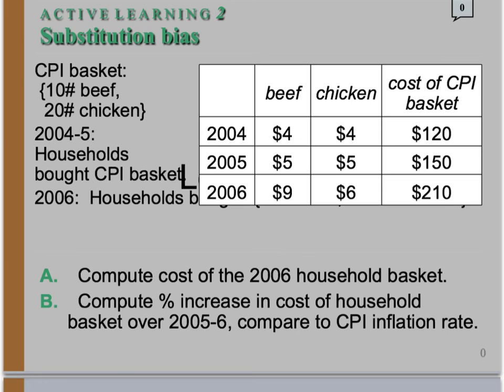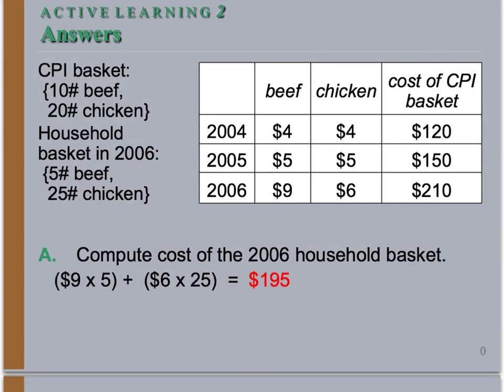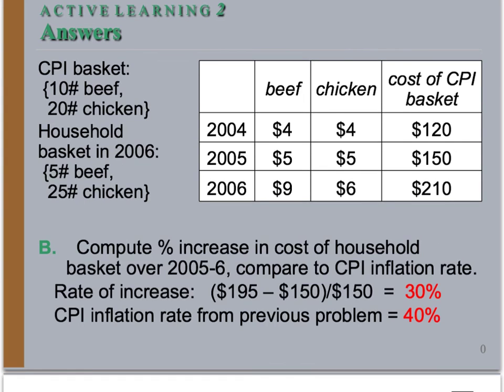Okay, so now here's another slide for you to do. So please press pause and do this problem. We're back, and here are the answers. Okay, in 2006, the basket was $195. Hope that's what you got.